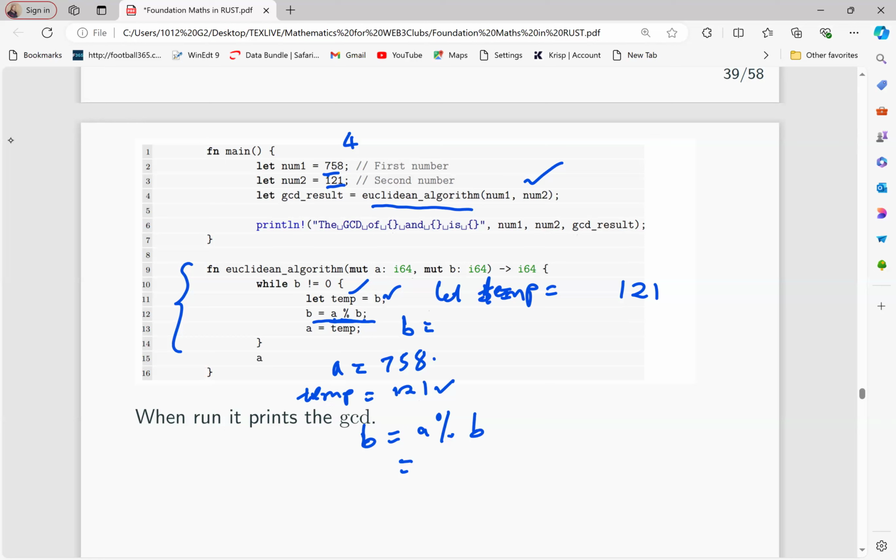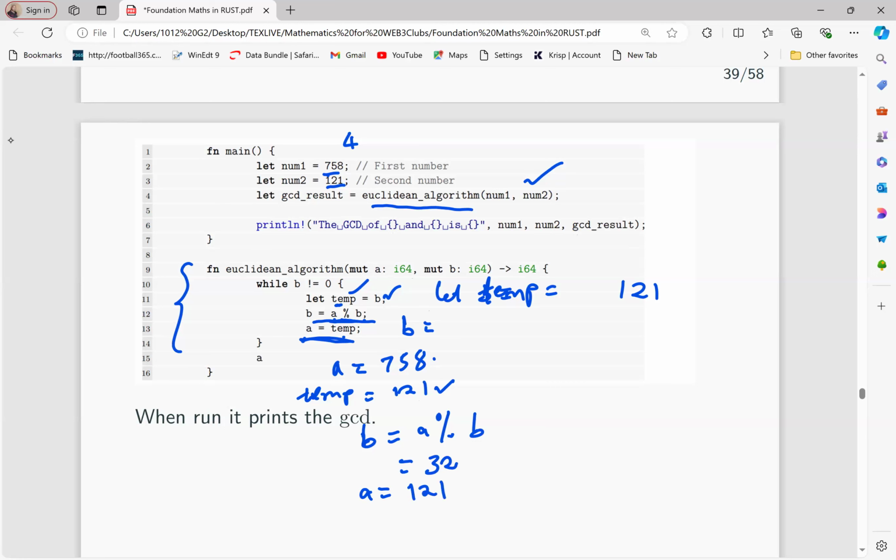So I have 758 divided by 121, goes there 6 times, and the remainder is 32. So B is 32. What about A? A is what was temporary here. This statement means that A now becomes what was here. So A is now 121.